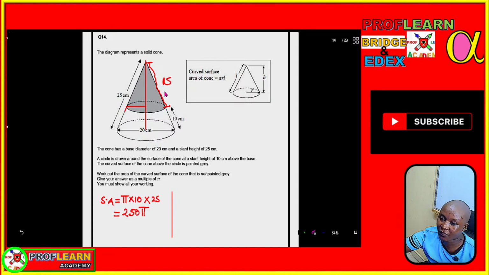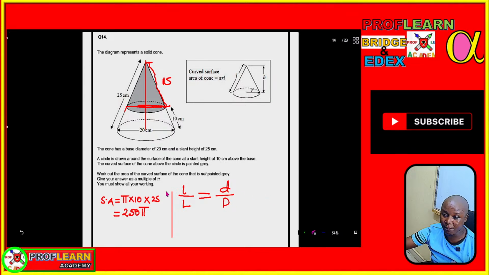But we need to know what the diameter for this is, so we call this small d. Small slant length over the big slant length should be equal to the small diameter over the big diameter, so that I can get the diameter for this small one.